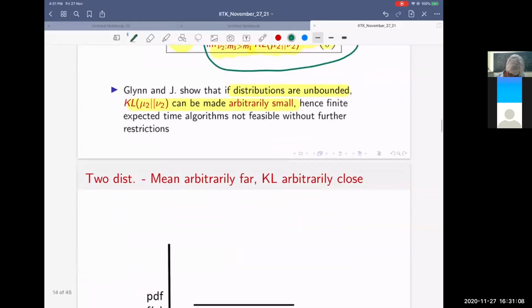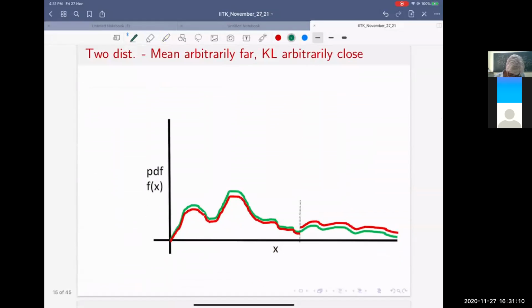Why do we see this? This has a very nice intuitive content that I can give you. Suppose your underlying distribution was this green one right here. Now, what's a distribution which is difficult to separate from this green one? Think of this red distribution, which is basically the green distribution, but with a small amount of mass taken away from it, and that small amount of mass is put at some point later.